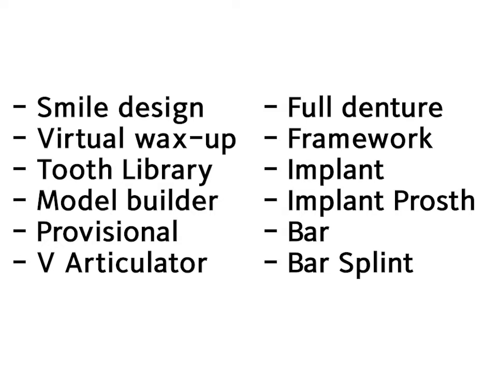Usually, partial framework modules consist of paralleling tools to determine the path of insertion, identify the line of contour, and block out the undercuts, as well as additional tools to design the various components of the framework, such as major connectors, clasps, and occlusal rests. Moreover, this type of module often allows to combine partial framework designs with crown and bridge design elements.